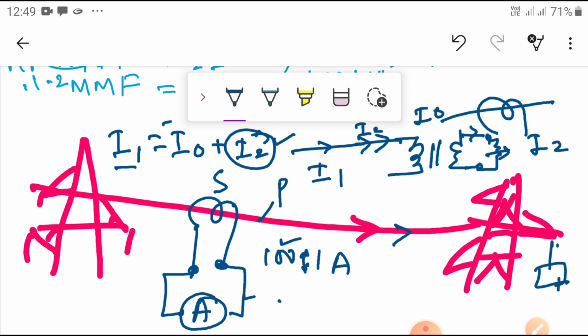During the normal operation of a CT, the primary and the secondary winding produce an MMF which, by Lenz's law, oppose each other.